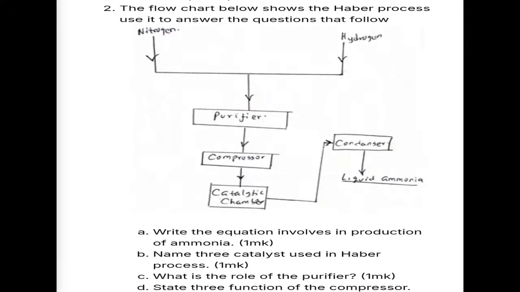Once the gases have been compressed, we pass them to the heat exchanger. Why do we pass the two gases into the heat exchanger? The heat exchanger plays about 3 roles. One of the roles is preheating of the gases so as to attain the high temperature for the gases to react.